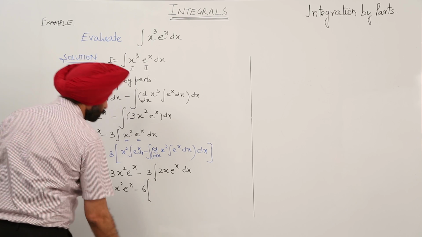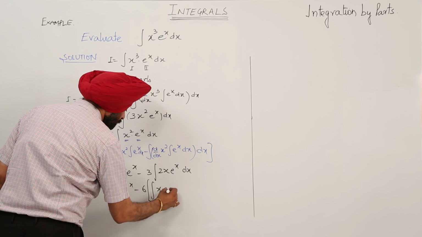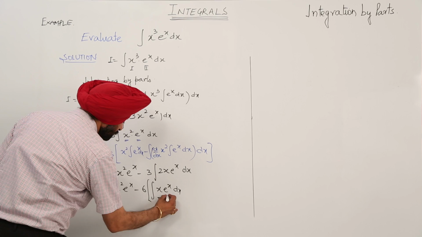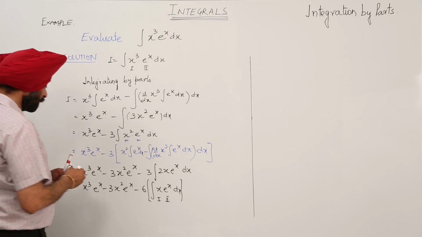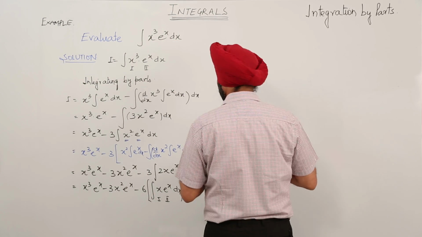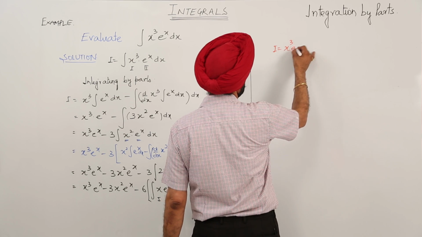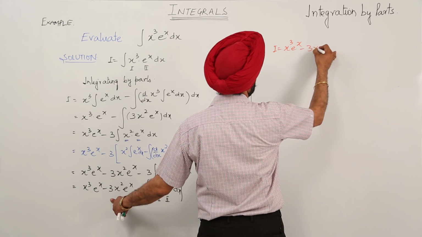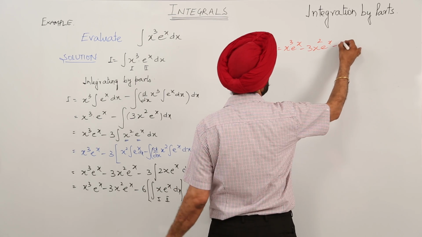Now again we are going to integrate this one, integration of x e raised to power x dx, taking this as first and this as second. So now we are having x cube e raised to power x minus 3x square e raised to power x minus 6.